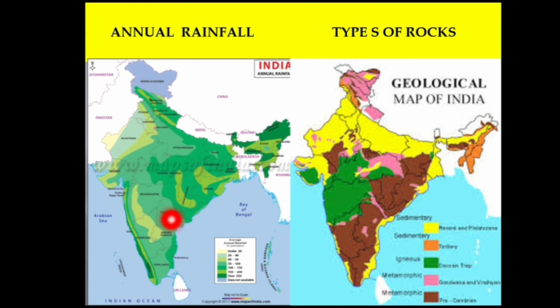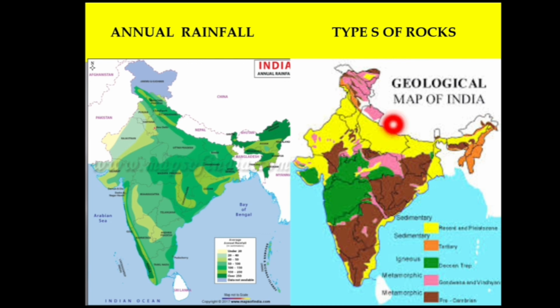With the help of different colors, the different amounts of rainfall are shown on this map, and the key is also made, which explains in which part of India how much rainfall occurs. So this is the annual rainfall map.